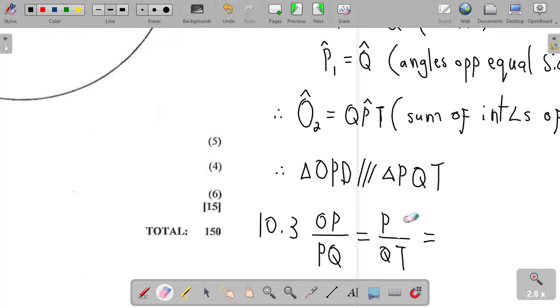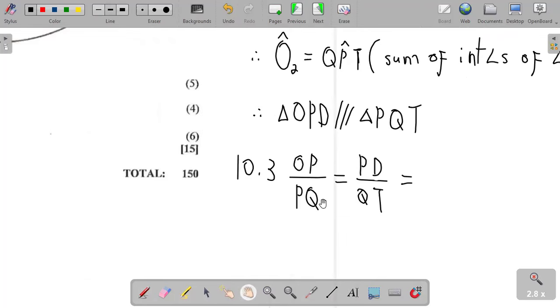PD here, we have PD. PD will go with QT. So guys, these are corresponding sides of the two similar triangles that we found previously.